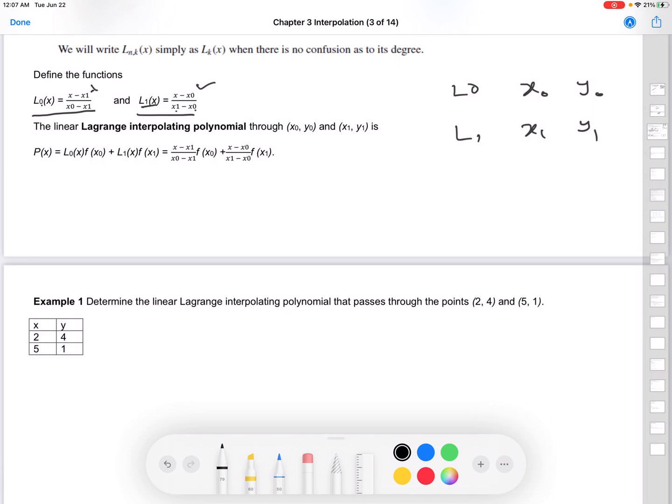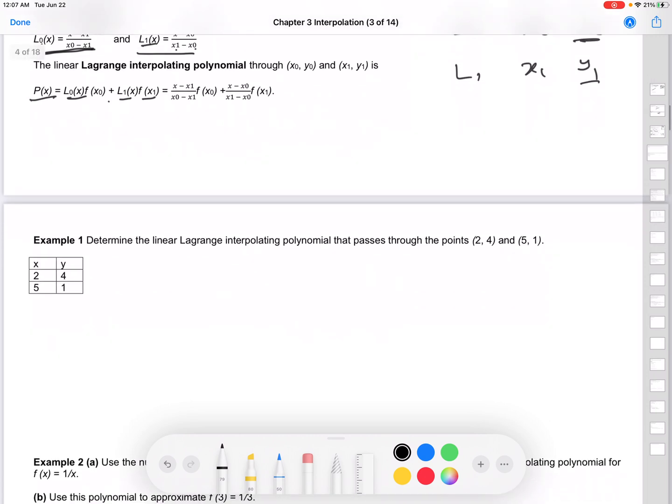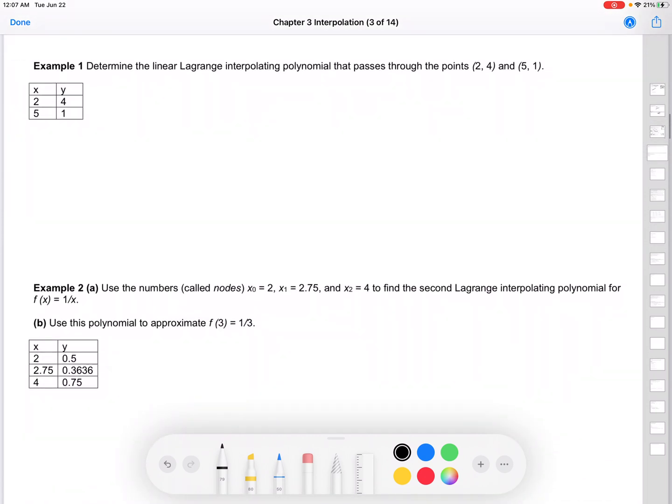So p of x is equal to L0 times f of x0, which is y0 given, plus L1 times f of x1 is given here, and then that will give you a polynomial.